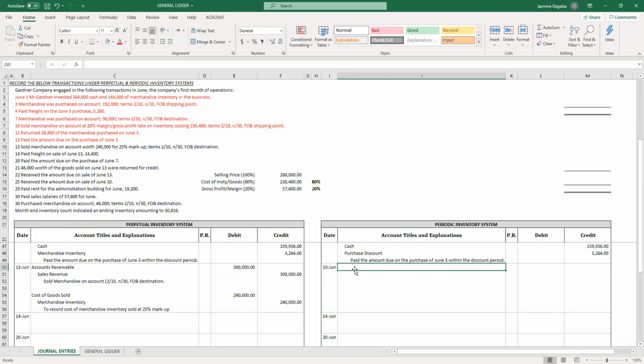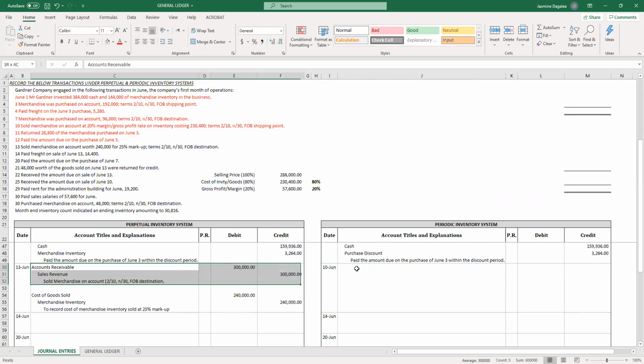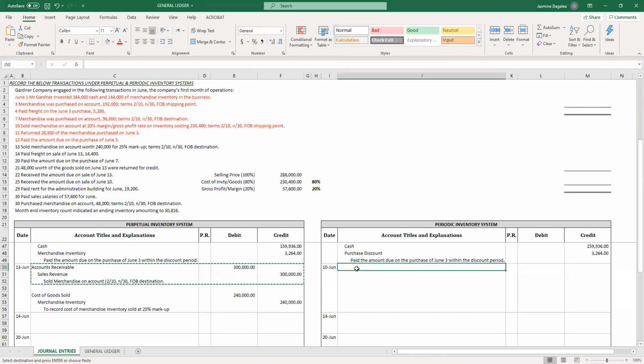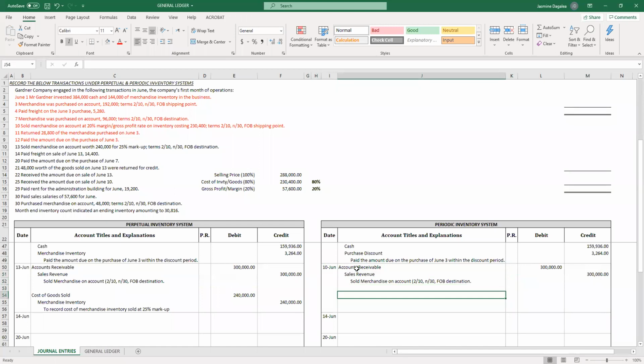Debit receivables, ma'am. So, same lang dito, same dito, except no entry for COGS. Cost of goods sold. Yan.